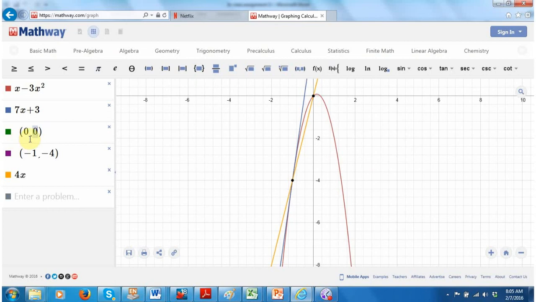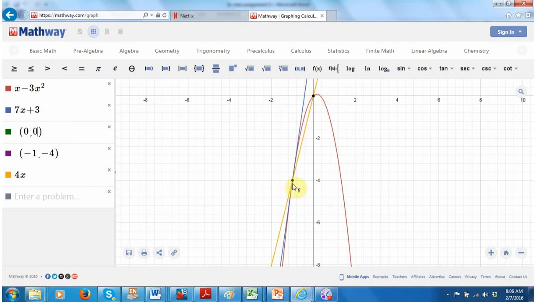So 0 is not that far away from -1, so 0 is a good choice to get an approximate slope. So the way we're going about finding the slope of the blue line is by approximating it, by choosing a nearby point and connecting the 2 dots. This y2 value I got by plugging 0 into this equation. So the coordinates of these 2 points lie on the curve, which is where the x2 and y2 come from.